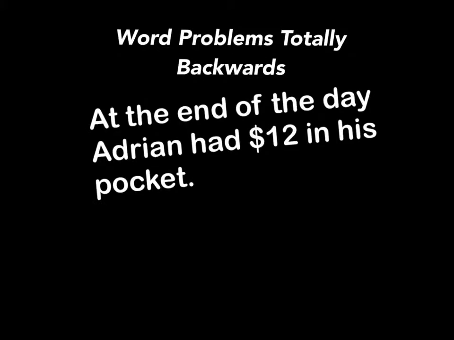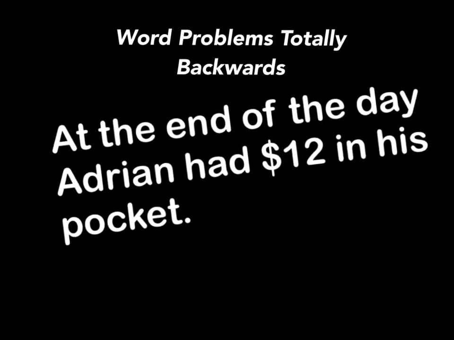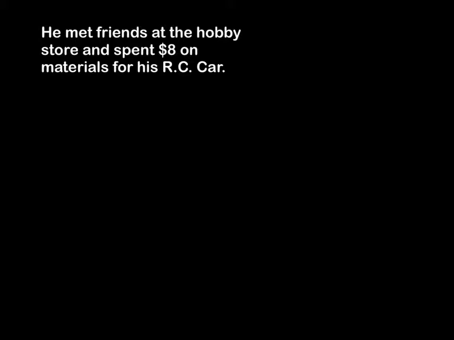And you remember we started with this. At the end of the day, Adrian had $12 in his pocket. And you remember he met friends at the hobby store, 10 o'clock in the morning if I remember correctly, and spent $8 on materials for his RC car.